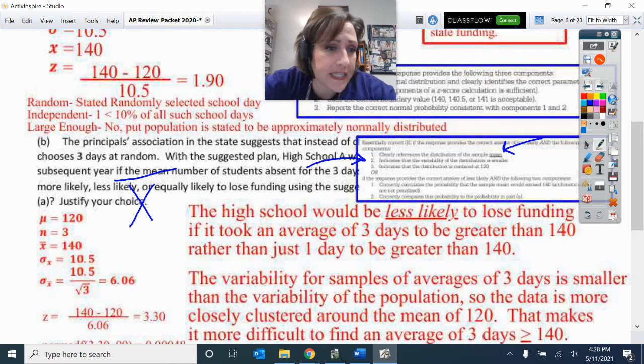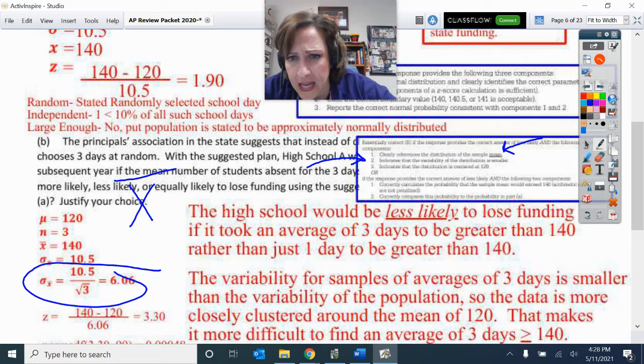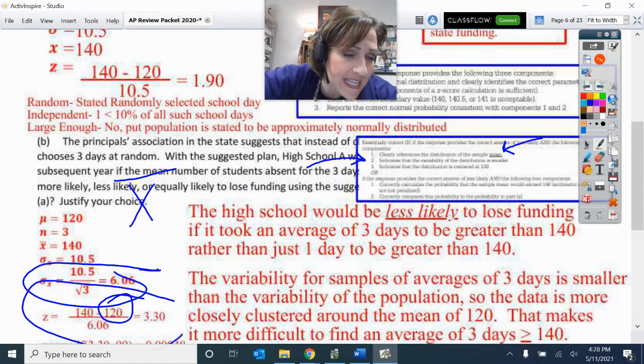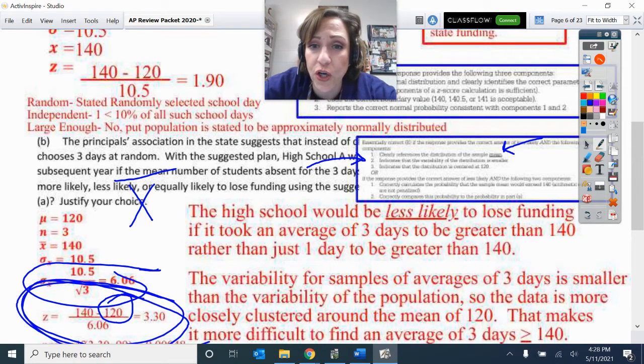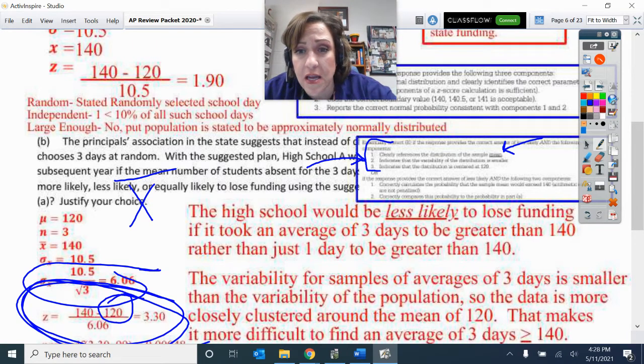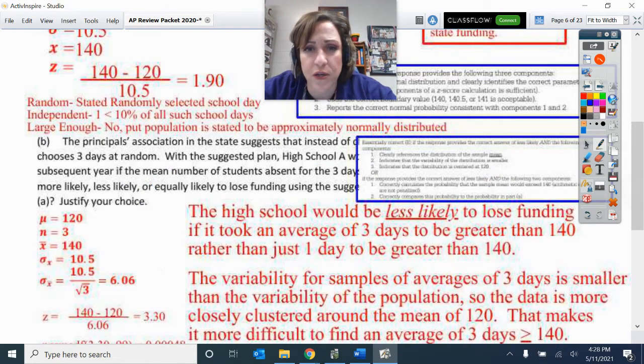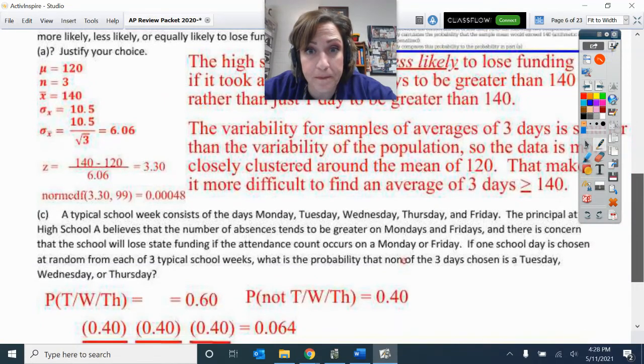It indicates that the variability is smaller. It indicates that the distribution is still centered at 120. So by doing this here, I cover all these 3 components. And then they did all of that up there, have the correct calculation, and state that it is now less likely to find an average above 140.